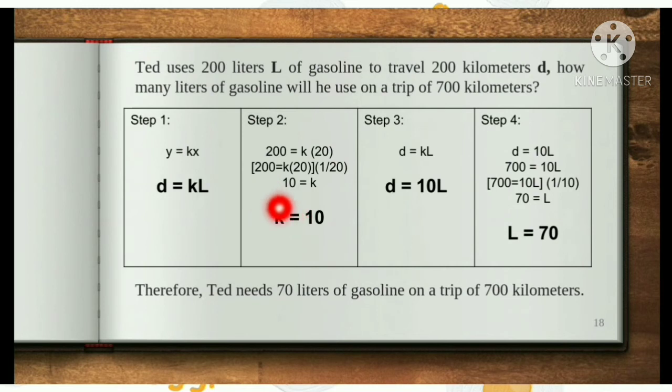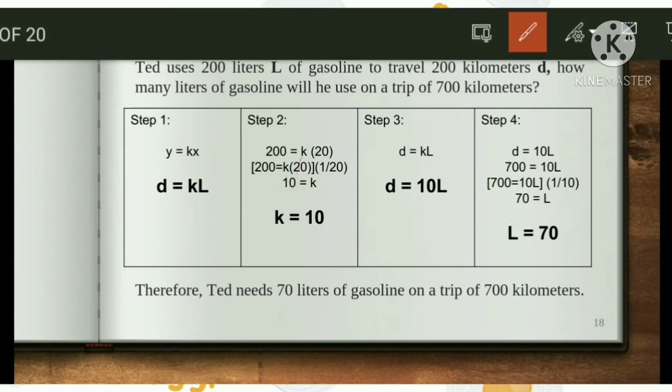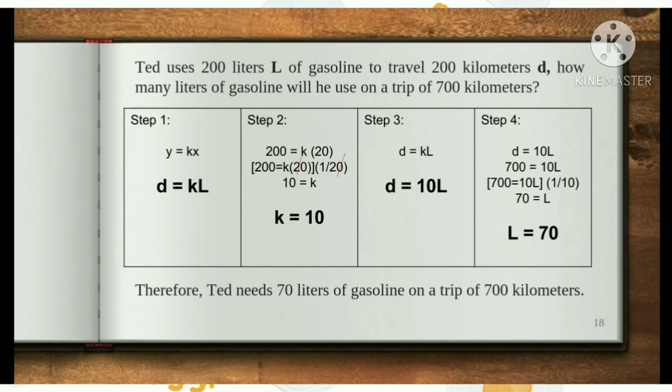So 200 times 1 over 20 is 10. And then k times 20 multiplied by 1 over 20: the 20s are cancelled out, so the remaining term is k. So 10 is equal to k. Therefore, we now have the value of k, which is 10.